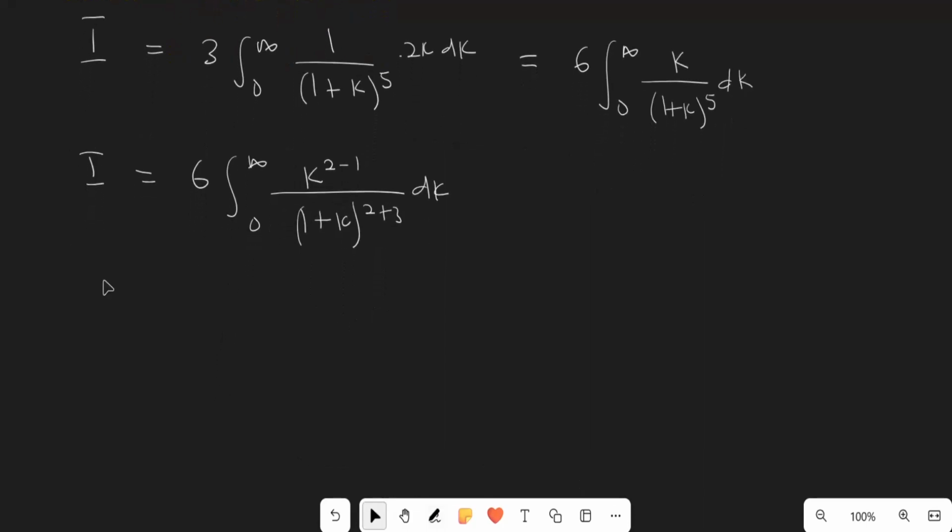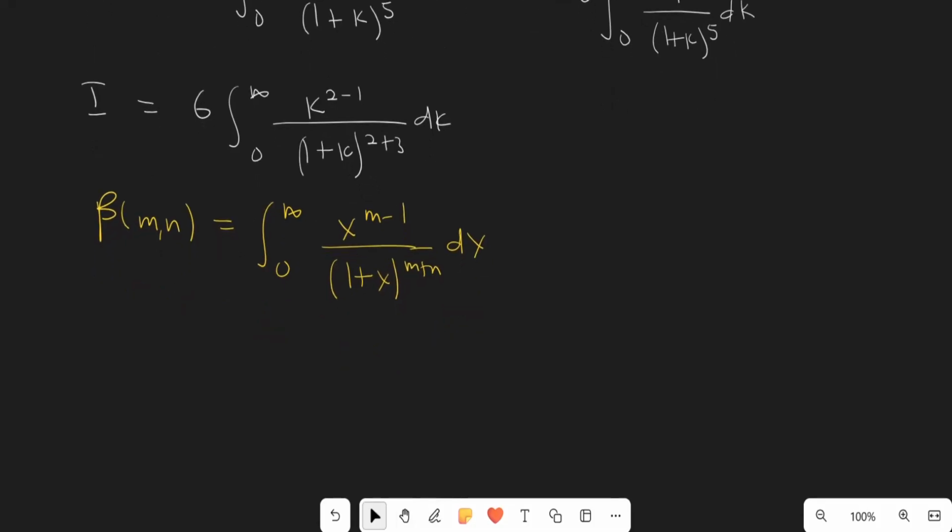beta function. The beta function of m and n can also be expressed as this: the integral from 0 to infinity of x raised to the power m minus 1 divided by 1 plus x raised to the power m plus n dx. This is how the beta function can also be written.